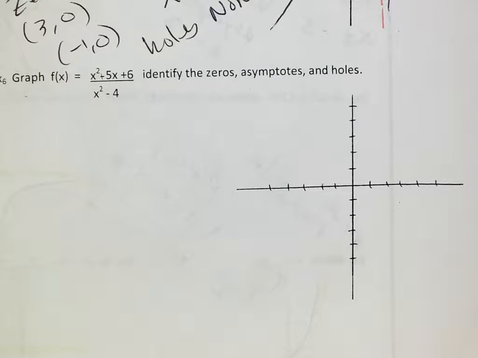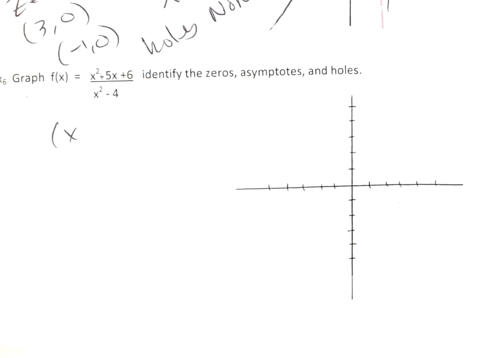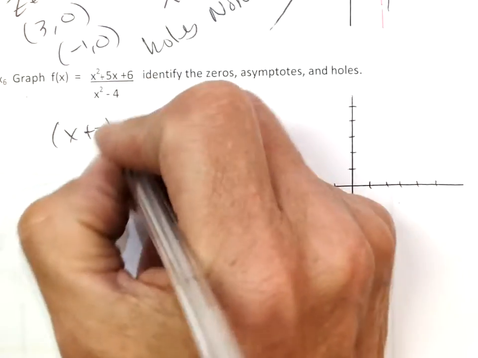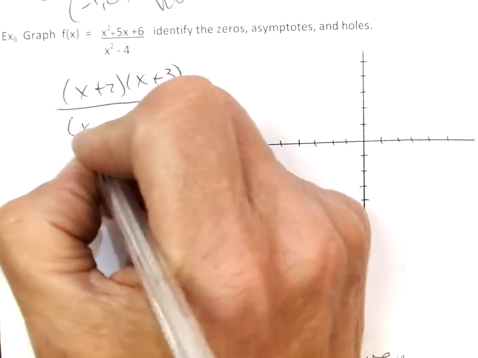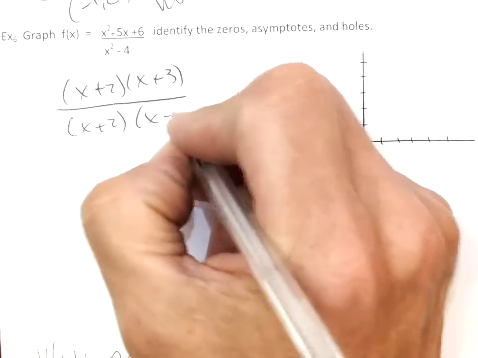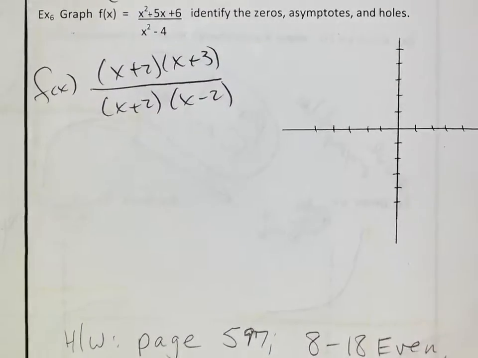Let's go ahead and factor. Before I do anything, let's factor: (x + 2)(x + 3) over (x + 2)(x - 2), okay? Number one question, what can x not be? Negative 2.